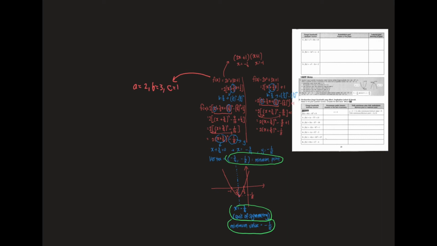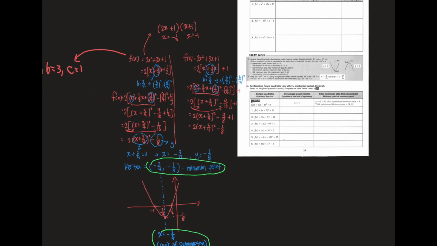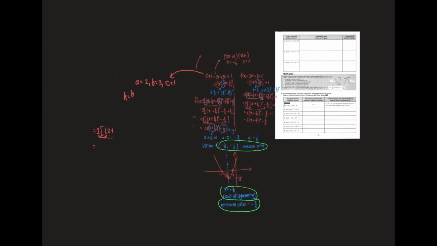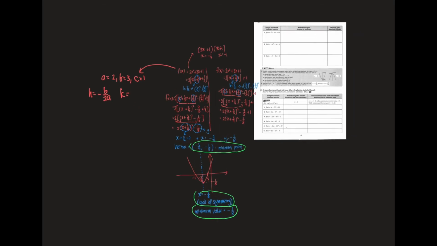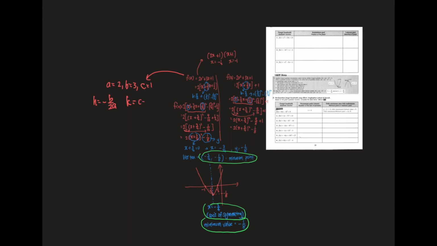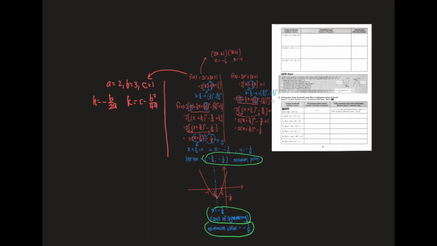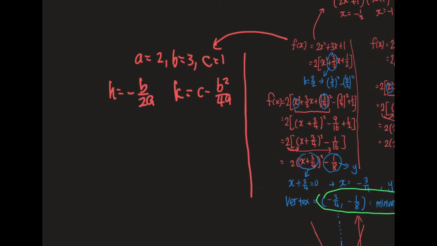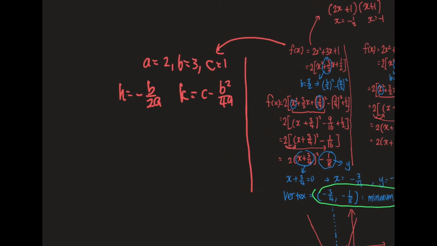I know the formula is h equal to negative b over 2a. I know k is c minus b squared over 4a. Okay, so this is where you memorize the formula and you find the h and k straight away.